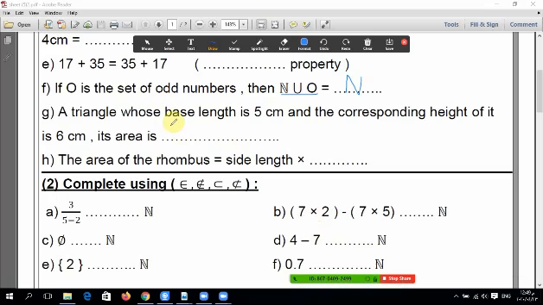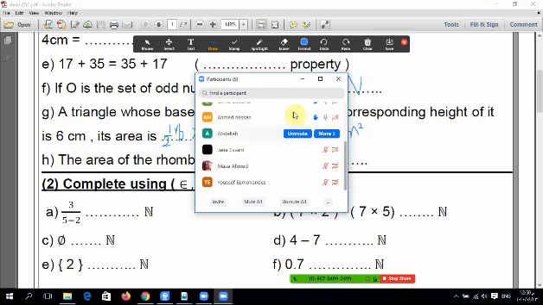Area equals half times base times height, equals half times 5 times 6, which equals 15 square centimeters.